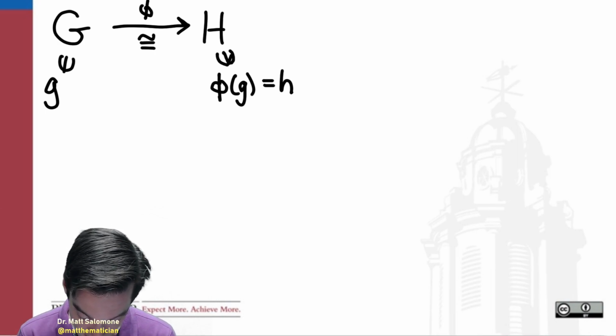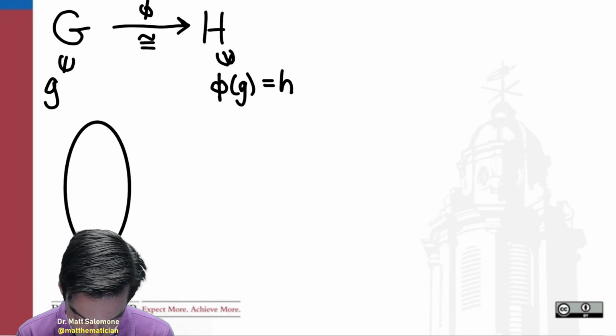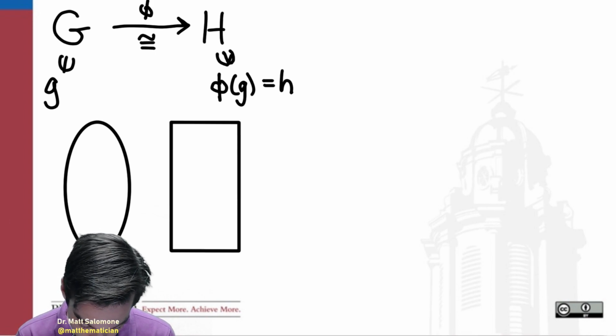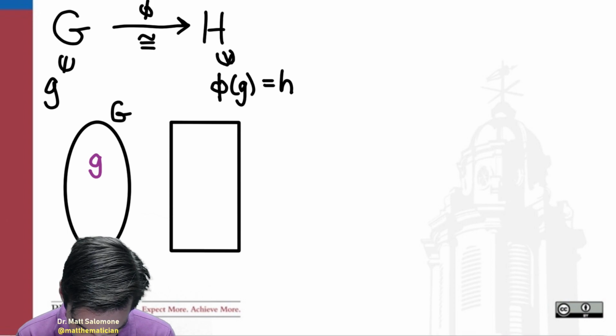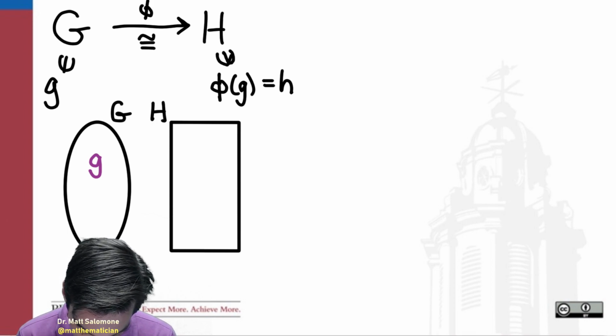Maybe I'll draw a little mini dots and arrows diagram just to be even more visual with this. So there's the group G, there's the group H. I've got an element g in the former, and I've got an element little h in the latter.